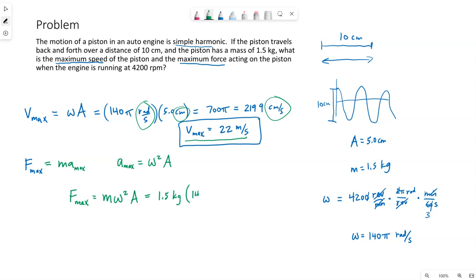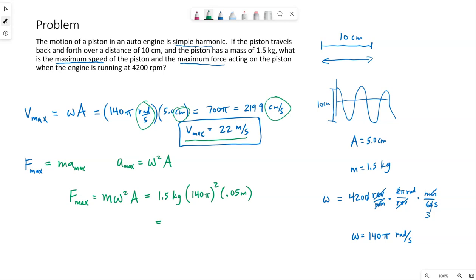Omega we know is 140 pi. That needs to be squared. And then A, I'm going to go ahead and put our amplitude in meters to begin with, which I could have done when finding the maximum speed as well.